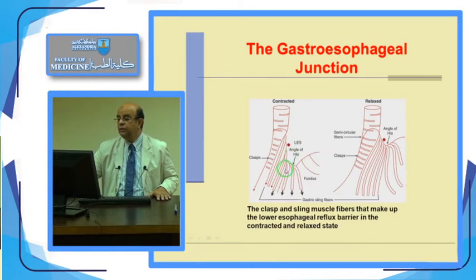So when these fibers contract, they make this angle more acute. This angle is less acute in the relaxed position and more acute in the contracted position.